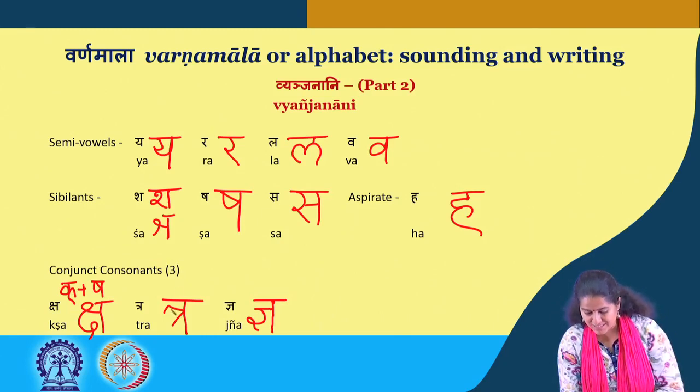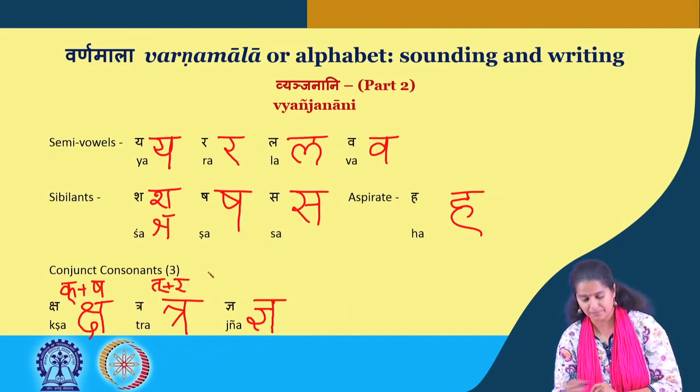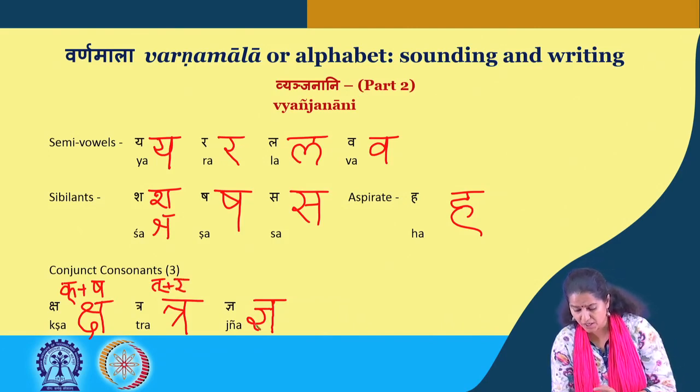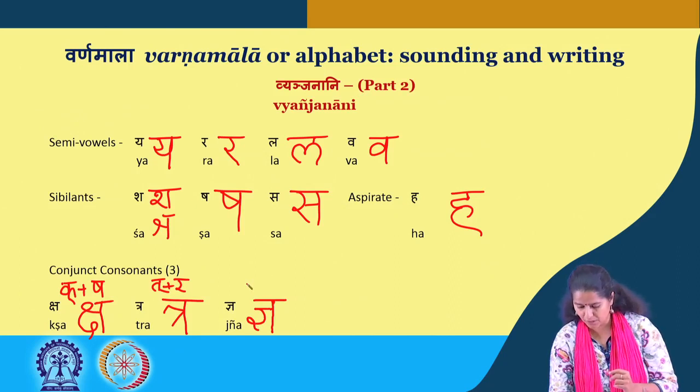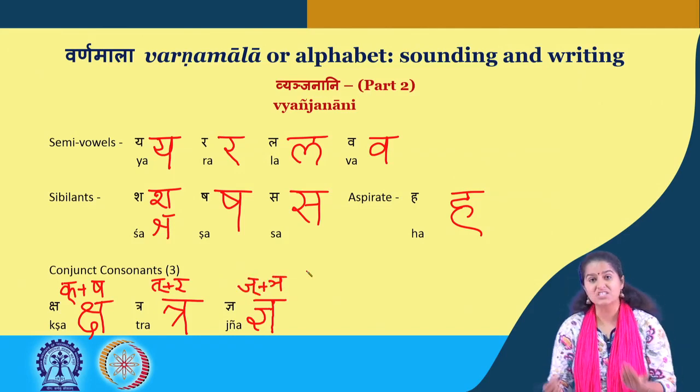The next one you have is Tra, which is a combination of T plus R, so Tra, and then we have the Jnya, which has a little resemblance, but still it's not easy to figure out. So, you have the J plus Nya, that's the Jnya.